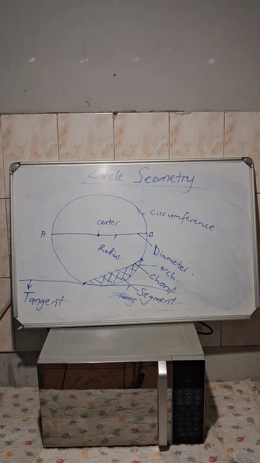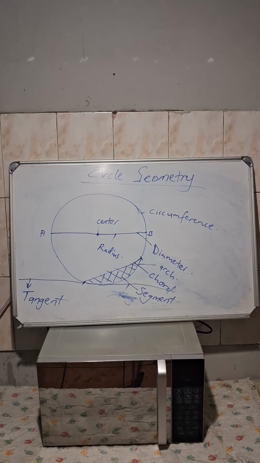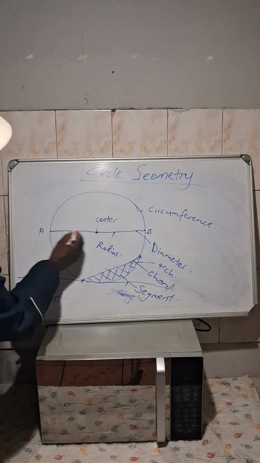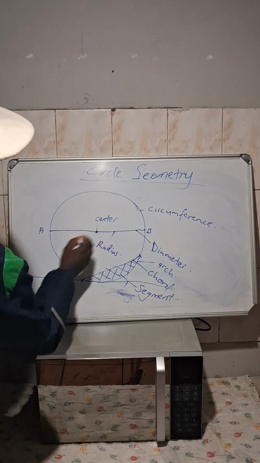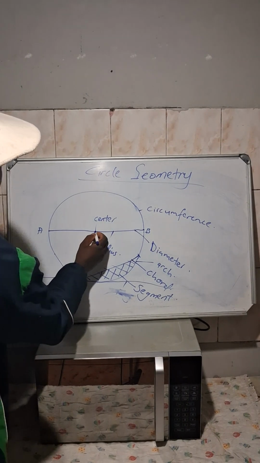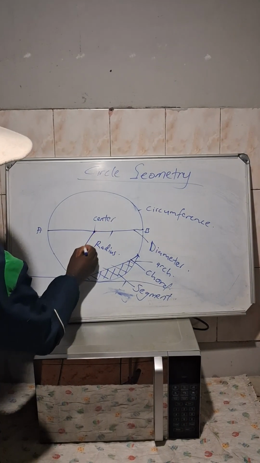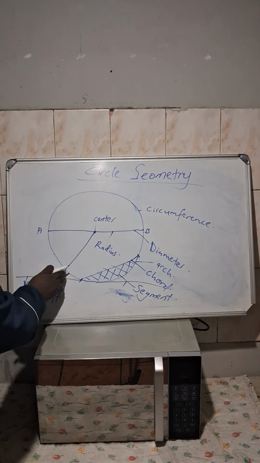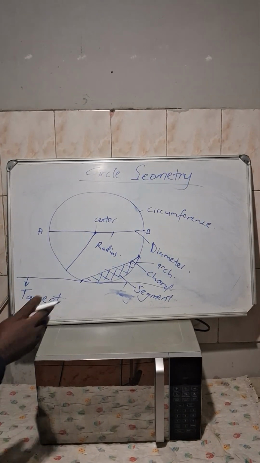Right. Furthermore, we have another part, like what I told you, this one from this point to this point, we call it radius. And also I'm going to draw another radius from this point to this point. Like what I told you, any line from circumference to the center, we call it a radius.